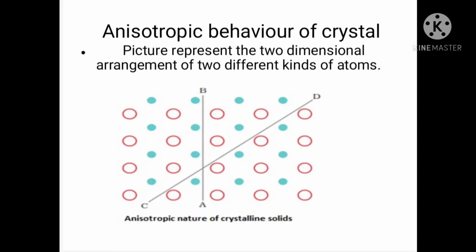This is because in the first case, if you observe, you can see each row is made up of alternate atoms, and in the second case, it is made up of the same kind of atom.